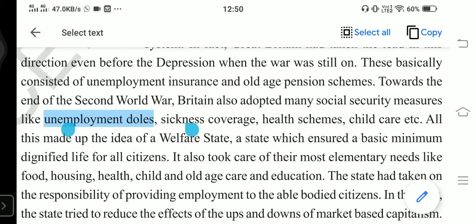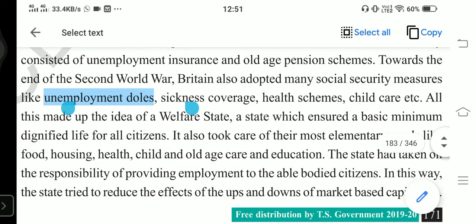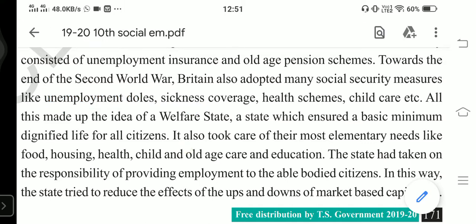All these ideas led to the idea of a welfare state. A welfare state will provide basic facilities for all the citizens to lead a dignified life. So there is a responsibility on the state to provide a dignified life to all its citizens.